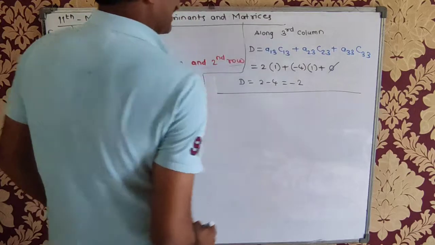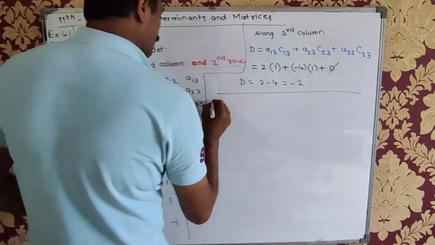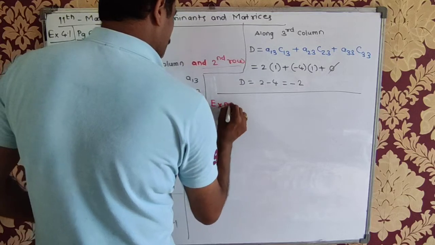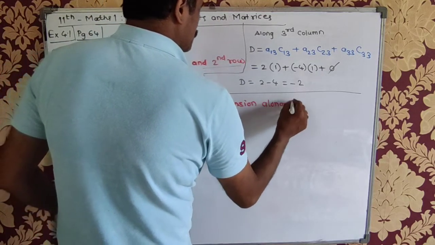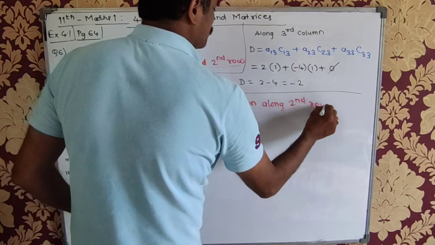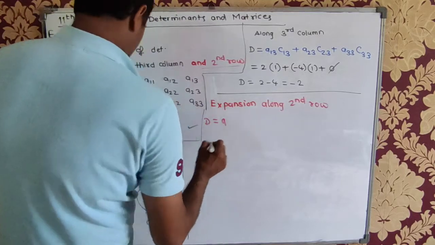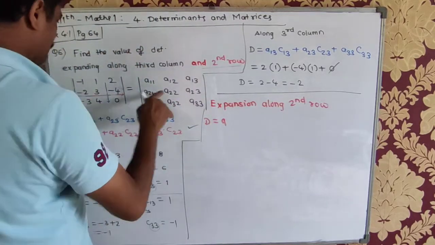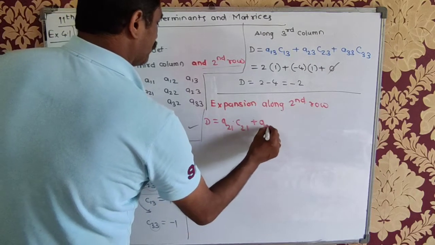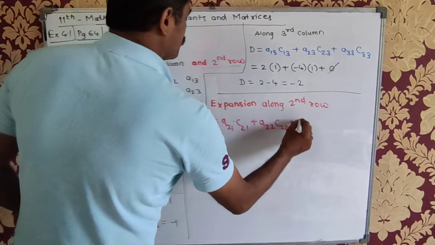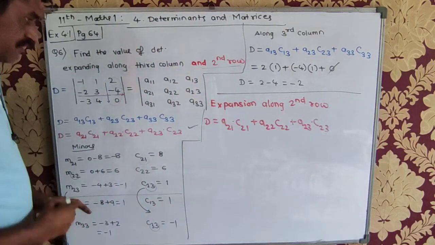Now let us expand it along the second row. D is equal to minus A21 C21 plus A22 C22 plus A23 C23. Expand.